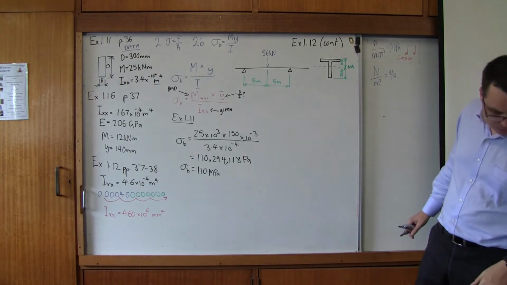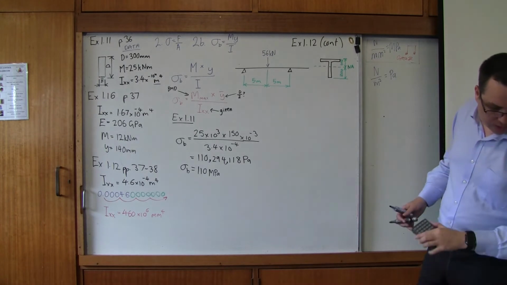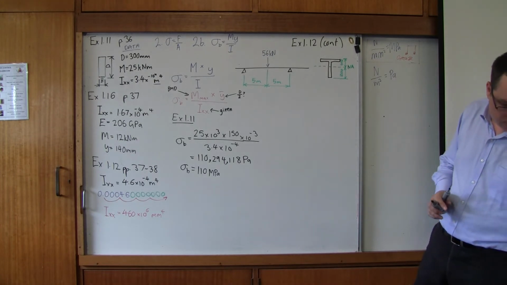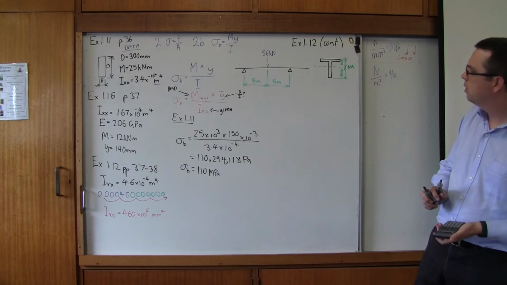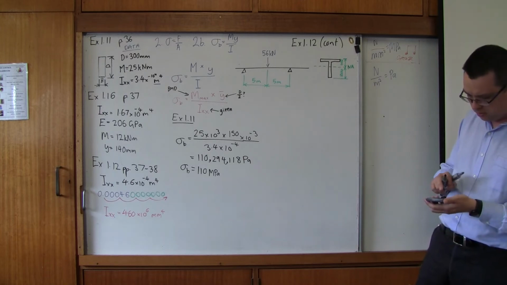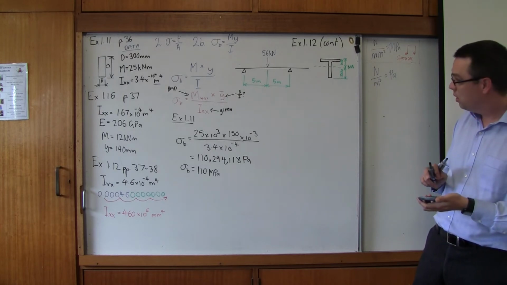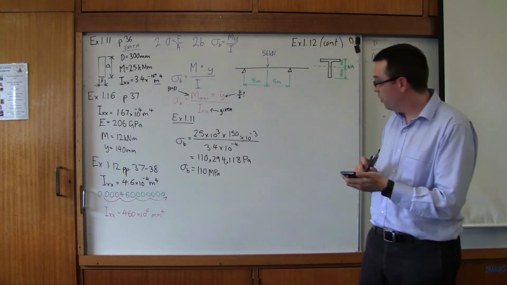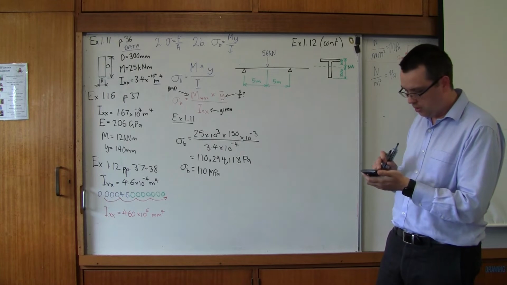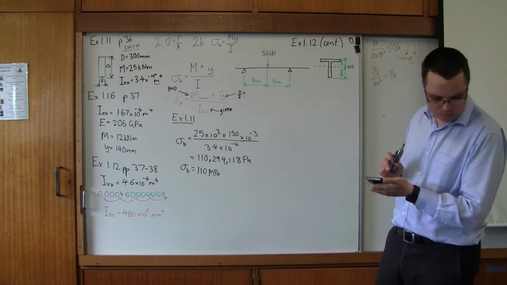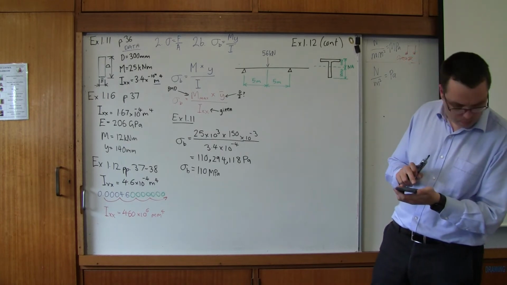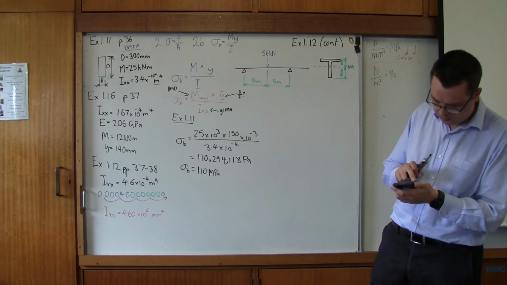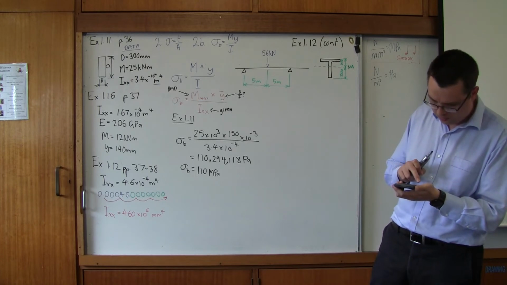Why missed a comma? They've said it's 11, not 10. So 25 times 150 divided by... Yes, I got that.